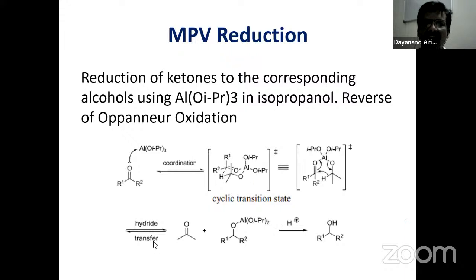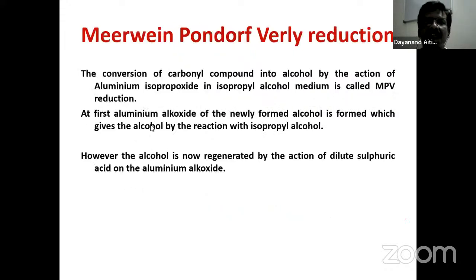And finally, hydride transfer. This is an example of hydride transfer reaction, Oppenauer oxidation, or even MPV reduction, Meerwein-Ponndorf-Verley reduction. It is giving alcohol. C double bond O is giving OH. MPV reduction. The first aluminium alkoxide of the newly formed alcohol is formed, which gives the alcohol.